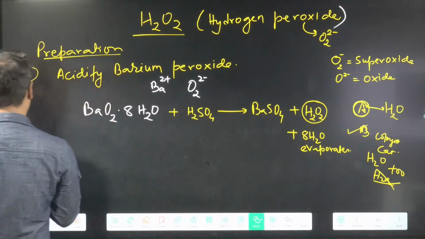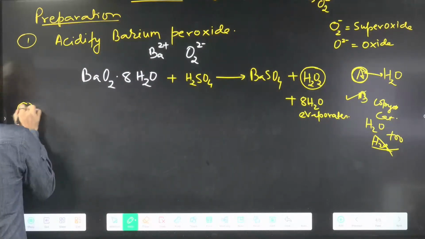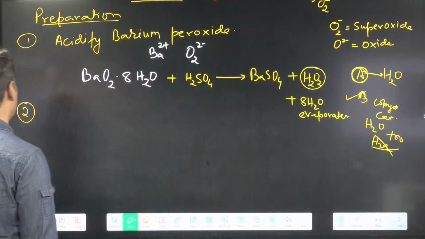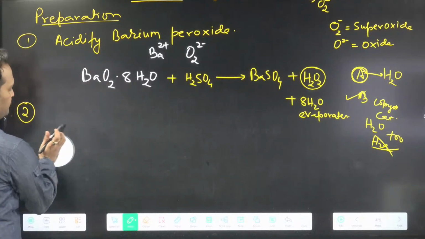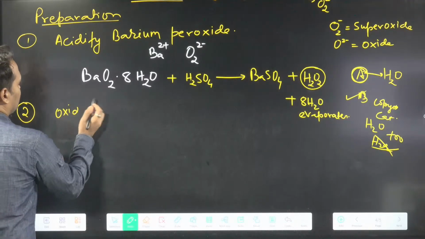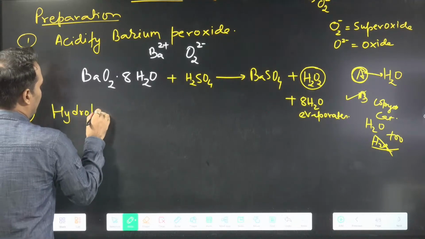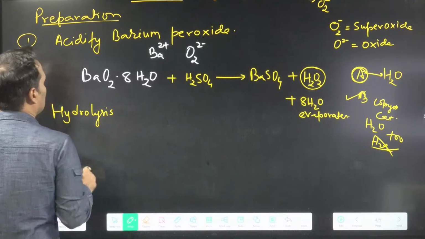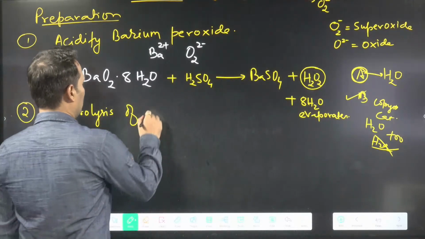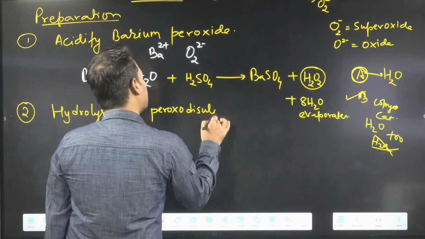Then they will ask you, tell me the second preparation method. They will say oxidation, or the heading can also be written as hydrolysis of peroxodisulfate.